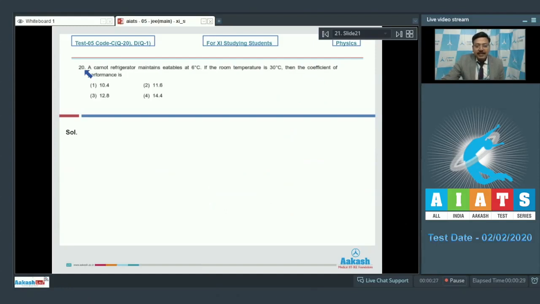Question 20 says a Carnot refrigerator maintains eatables at 6 degrees C. If the room temperature is 30 degrees C, then the coefficient of performance is, okay. It's a pretty straightforward question based on the coefficient of performance of a refrigerator, and the coefficient of performance beta is given by the expression Q2 by W, which in fact is equal to Q2 by Q1 minus Q2.